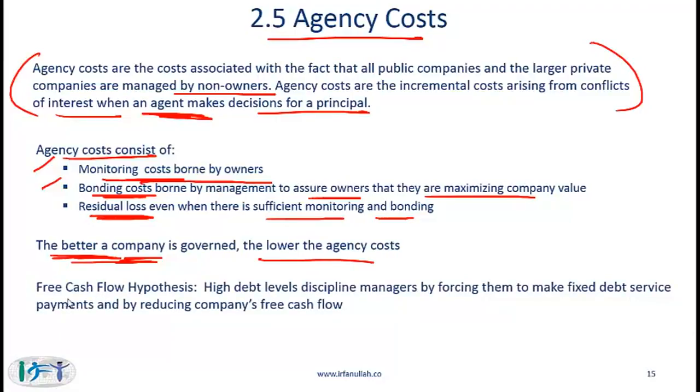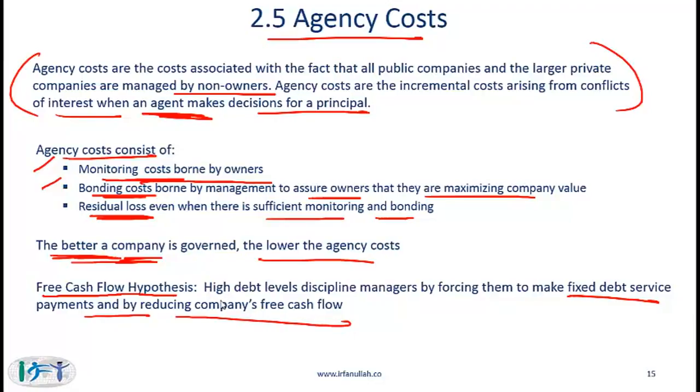The final point for the slide is something called the free cash flow hypothesis. High debt levels discipline managers by forcing them to make fixed debt service payments and by reducing a company's free cash flow. Now, this is a hypothesis, it's a view.